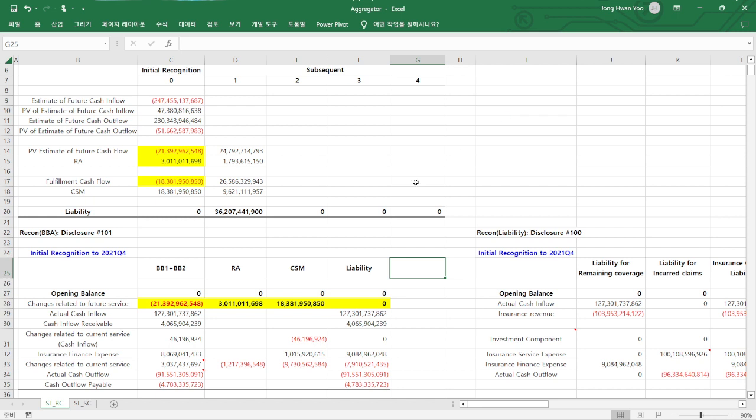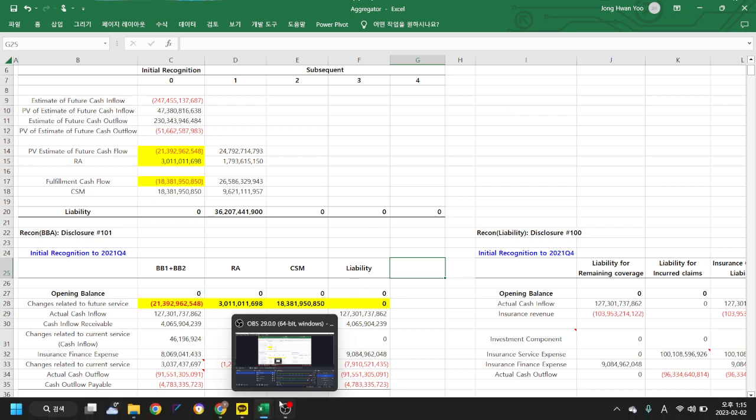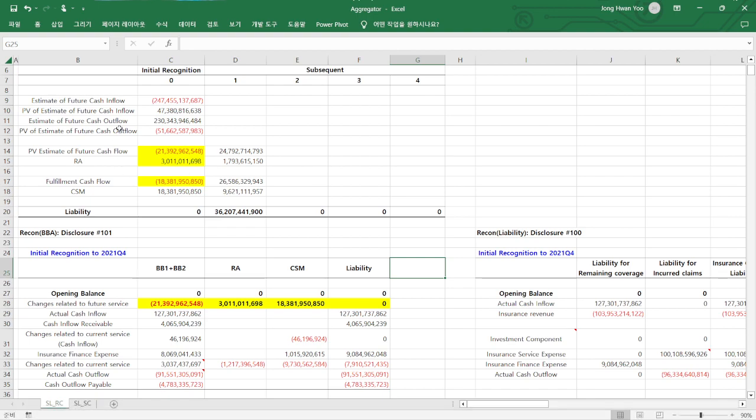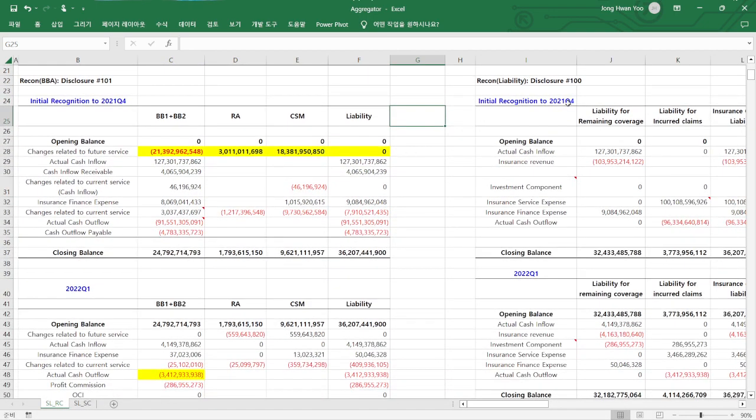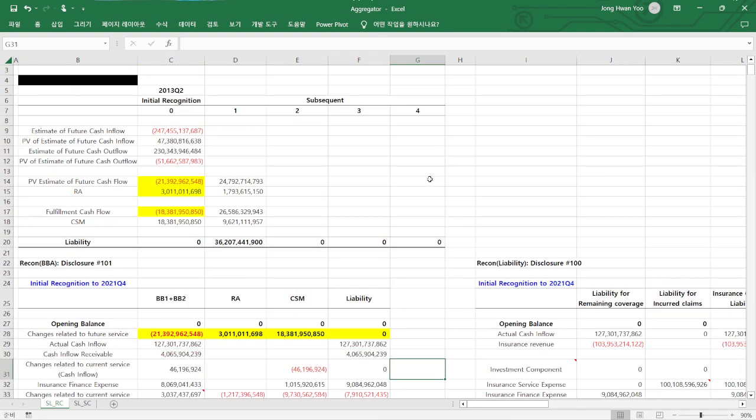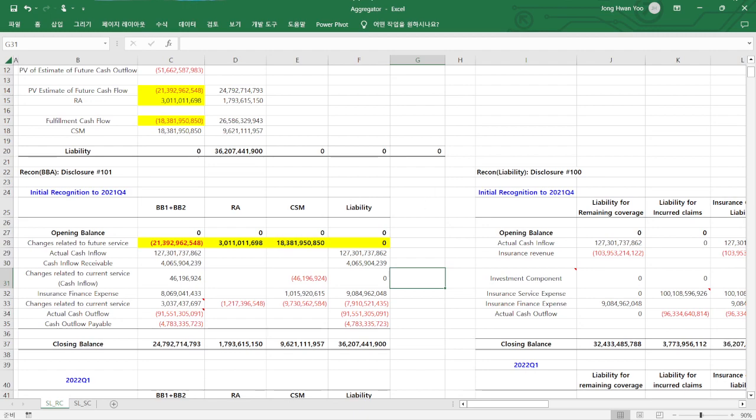I apply the same bootstrapping, but here in initial recognition and in exhibit 100 and 101, especially for exhibit 101, this number is what you should come up with, but I'm going to show you the other cash flows in the next video.